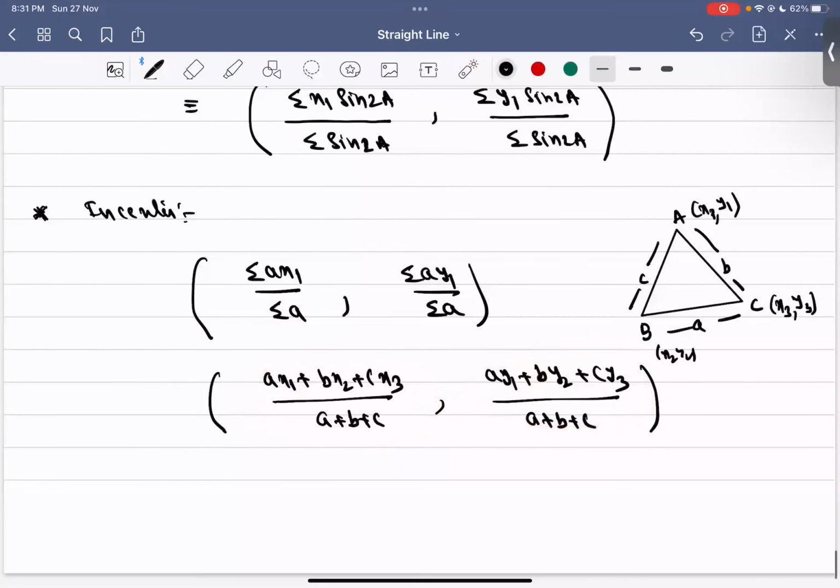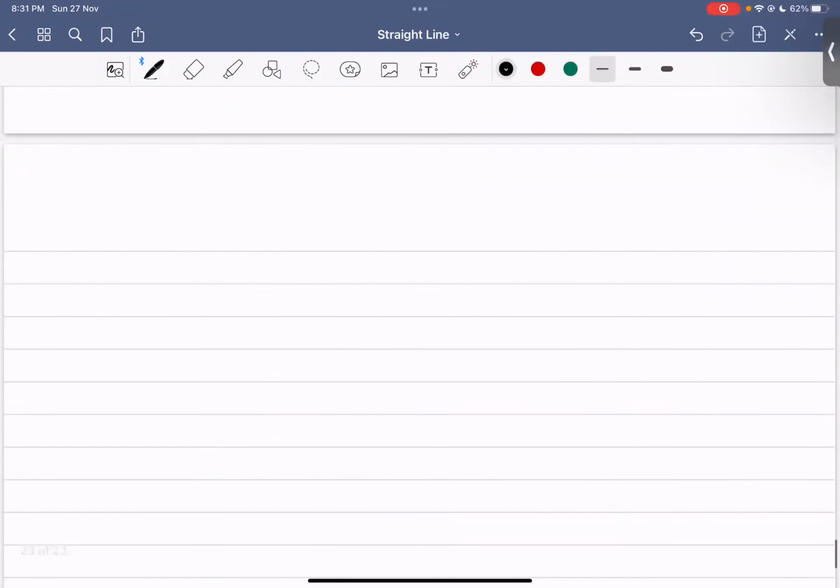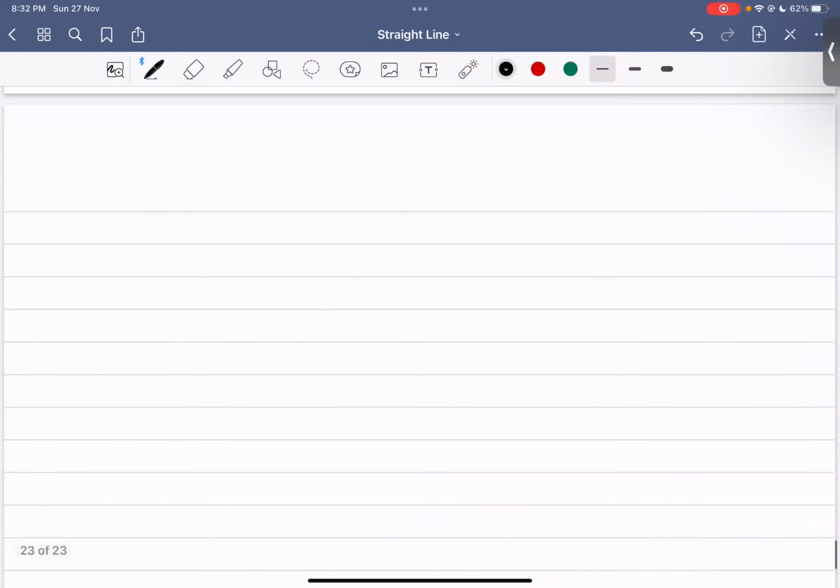Next, excenters, because 3 excenters will be there. In the last class we have seen the definition.